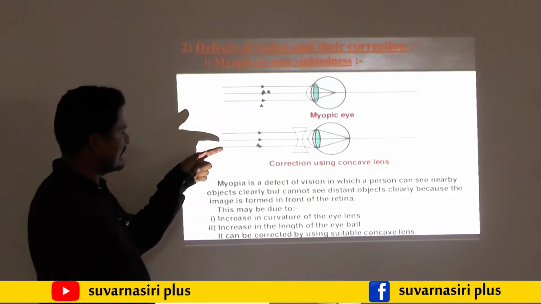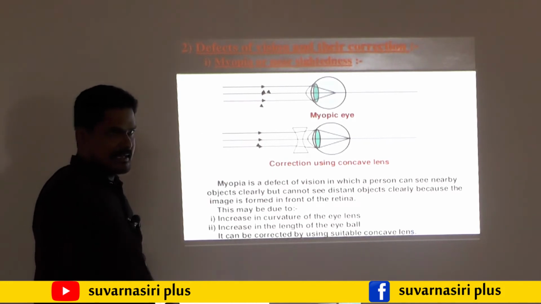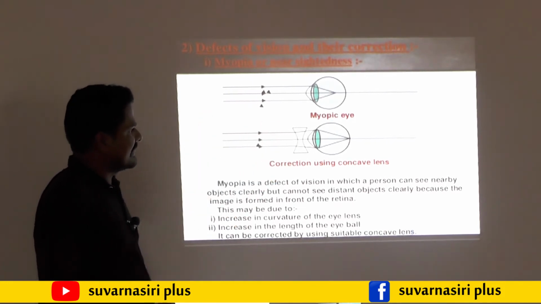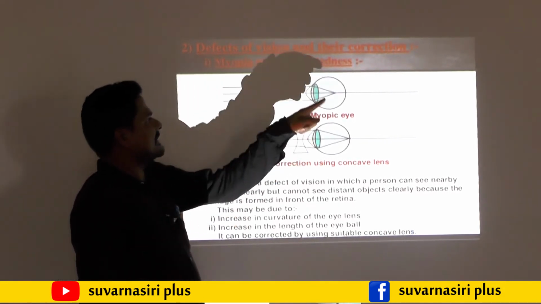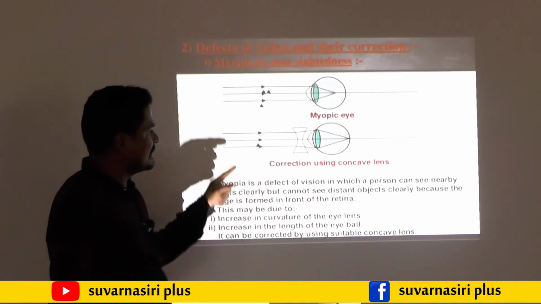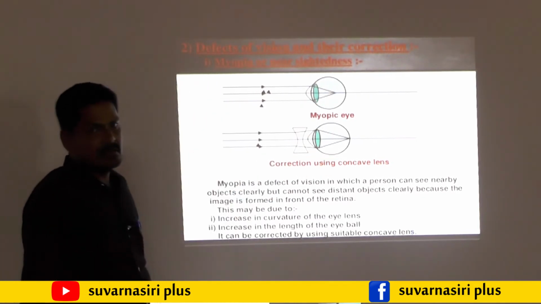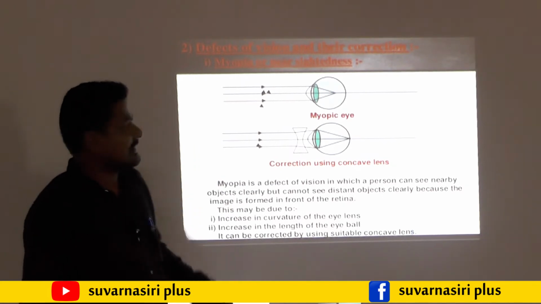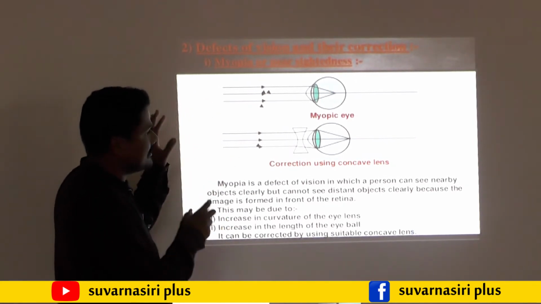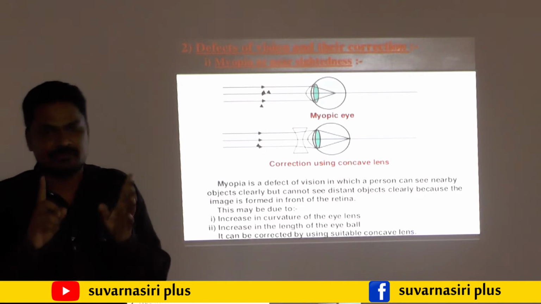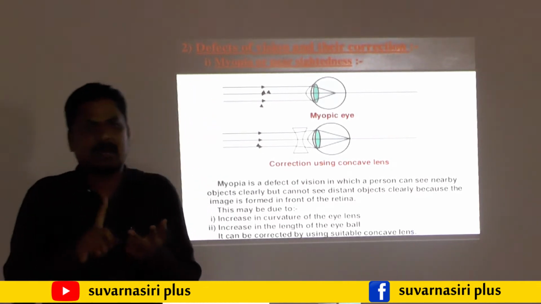By using a concave lens, the image that was forming in front of the retina forms again on the retina. This is the correction of myopia. So dear students, we now know myopia and hypermetropia.